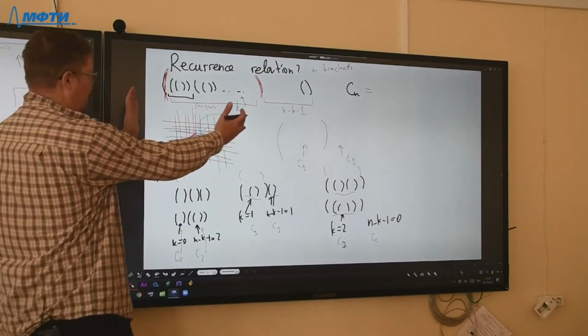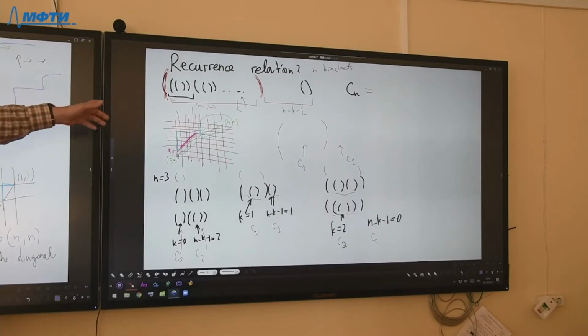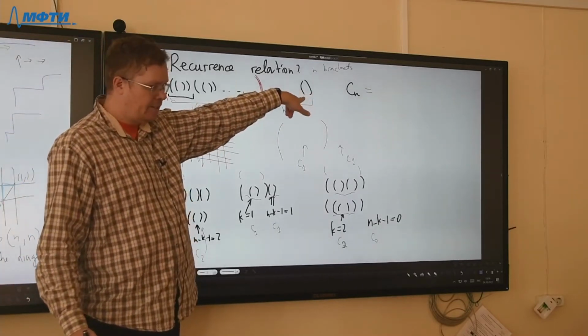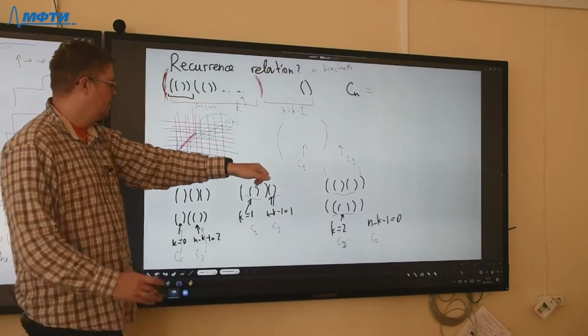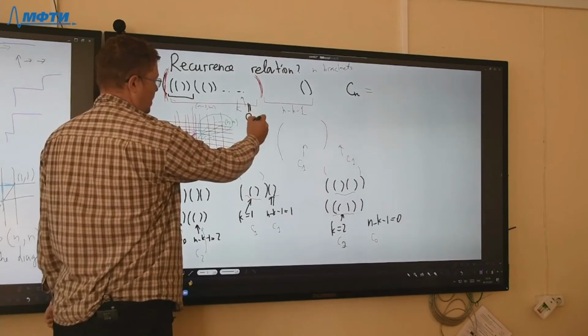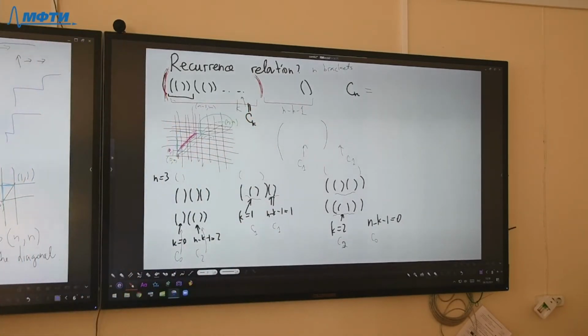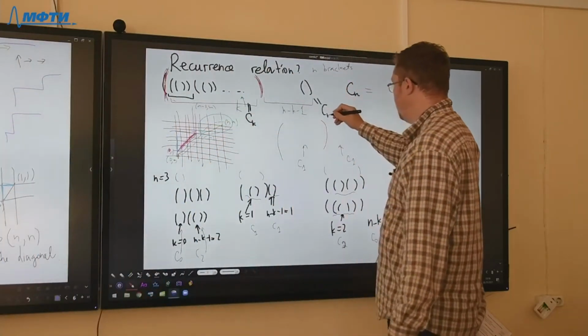So inside I have k correctly matched brackets here. And outside I'll have n minus k minus 1 correctly matched brackets here. So by definition, this should be Ck, the number of correctly matched brackets here. And outside I will have T of n minus k minus 1.